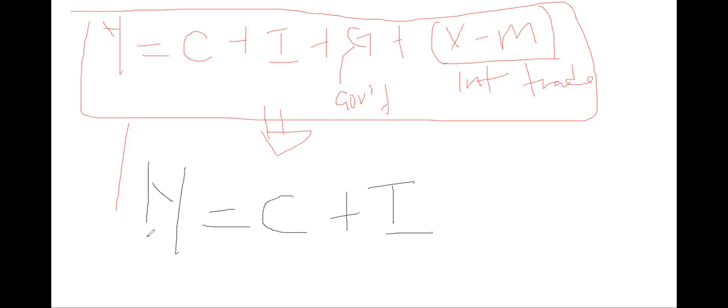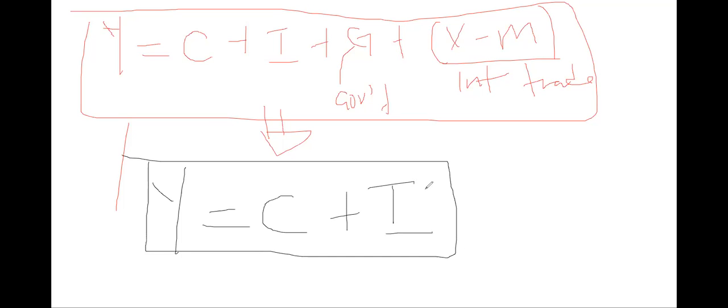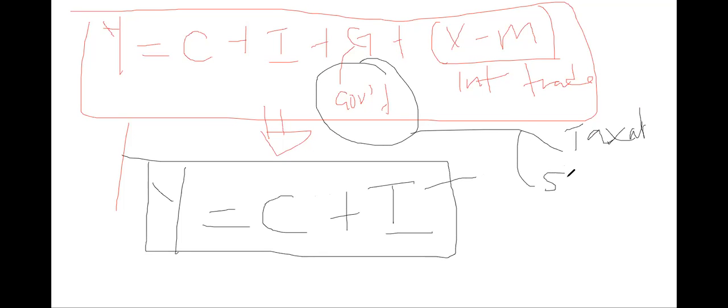If you see a model like this, what it is telling you is that there is no government activity in that economy, meaning that the government doesn't tax. There is no government expenditure, there is no government taxation. So if you see this kind of model, consumption plus investment, without G, it is telling you that there is no government activity. And what do I mean by that? There is no government taxation, and there is no government spending.